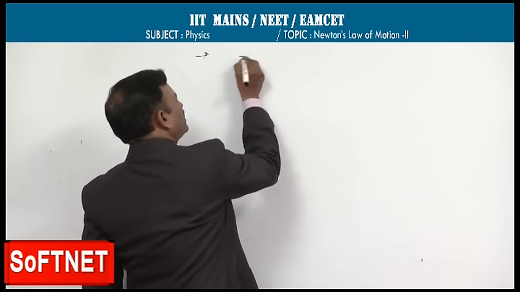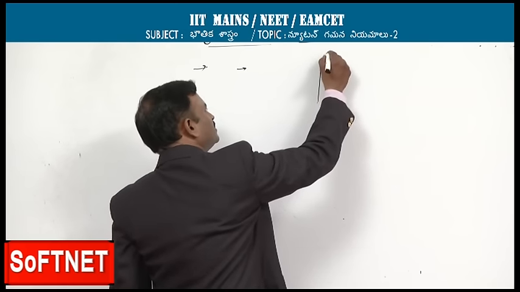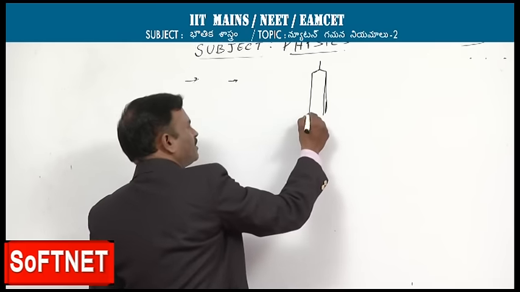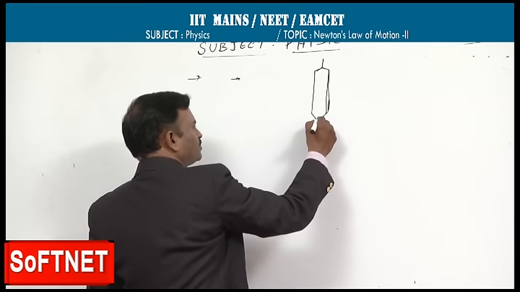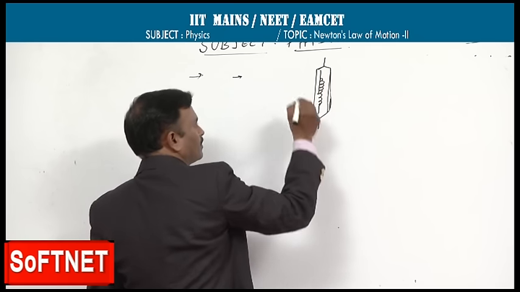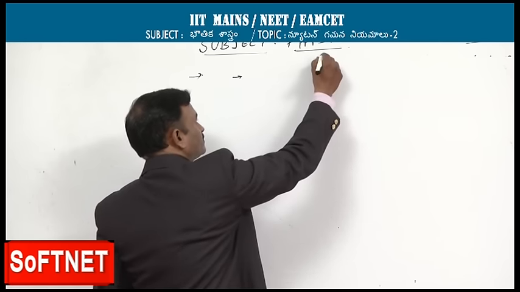Let us see another model in Newton's laws of motion, with a spring balance. Here it is a conceptual question, and they may sometimes ask conceptual questions in competitive exams. There is a spring balance, and another spring balance is attached here.